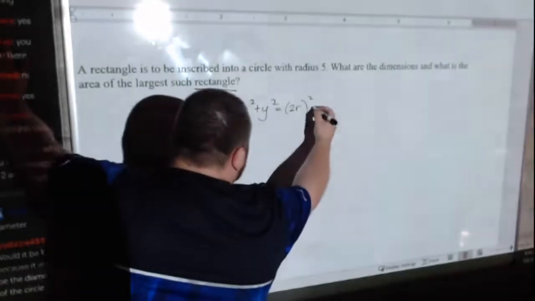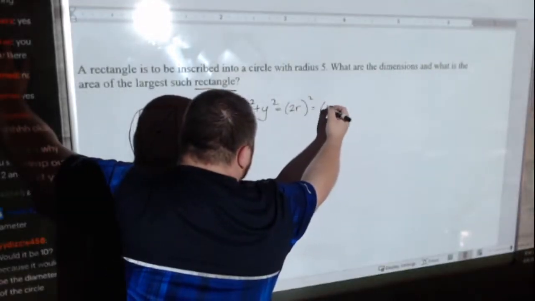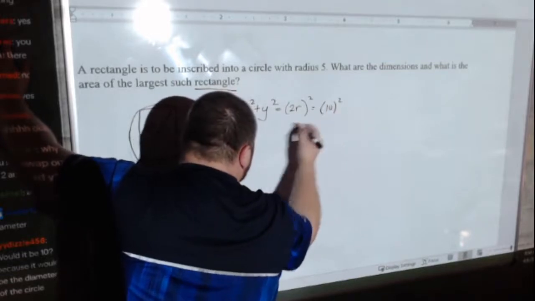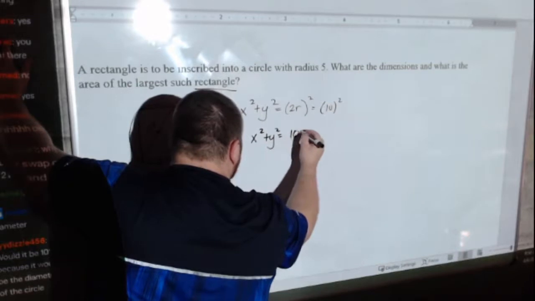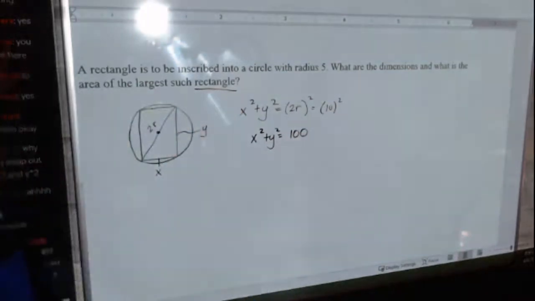Or in this case, because r is 5, this is 10 squared, or 100.